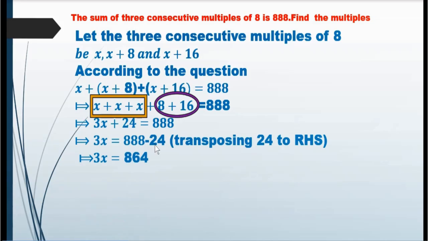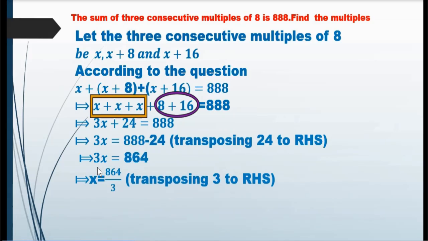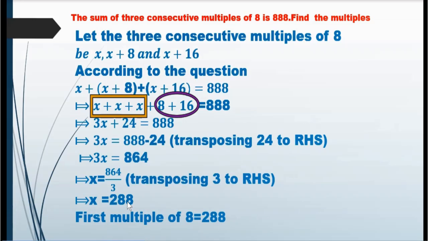What is 888 minus 24? It is 864. Now transpose 3 to the RHS, it will move to the denominator and get eliminated from the LHS. So we get x is equal to 864 upon 3, and on simplifying we get x is equal to 288.